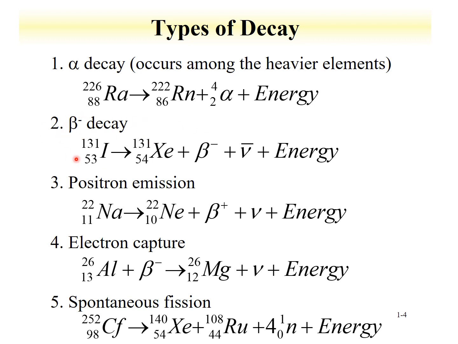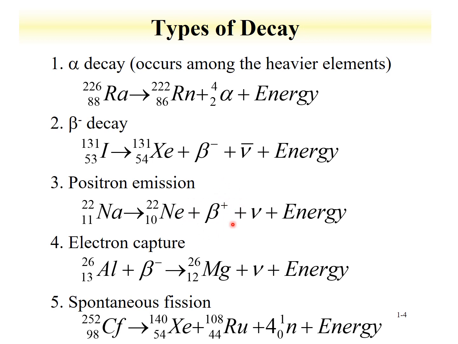Beta minus, in this case, a neutron is converted into a proton, so it moves up the periodic table. A beta particle, which is an electron, an antineutrino, and energy are produced. Positron decay, so these are in neutron deficient nuclides, where a proton is converted into a neutron, so it moves down the periodic table.